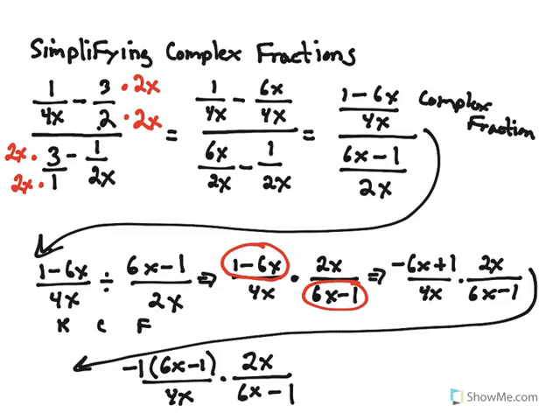And now you can clearly see that the 6x minus 1s will in fact cancel out. In addition to that, we can actually cancel out one of the x's here. You see that? The two x's. We can also reduce the 2 into 4, 2 goes into 4 2 times.